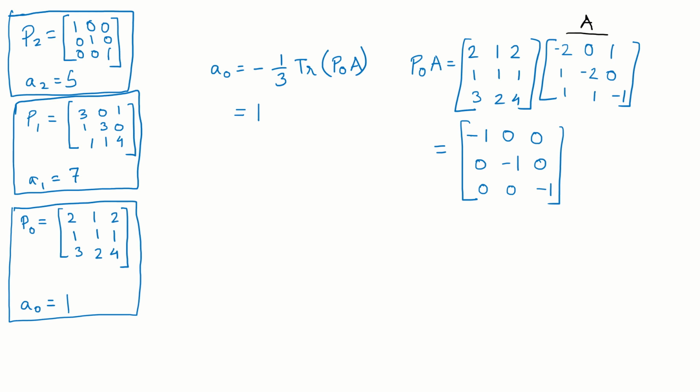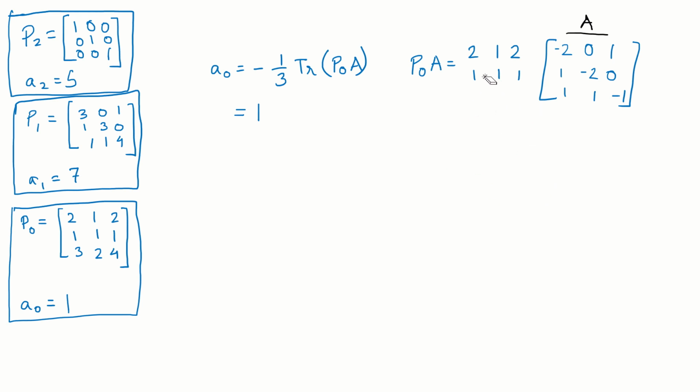So our A is this. From knowledge of A only, we evaluated these different Pi's and these Ai's, and with that help we are able to figure out what (sI minus A) inverse is.